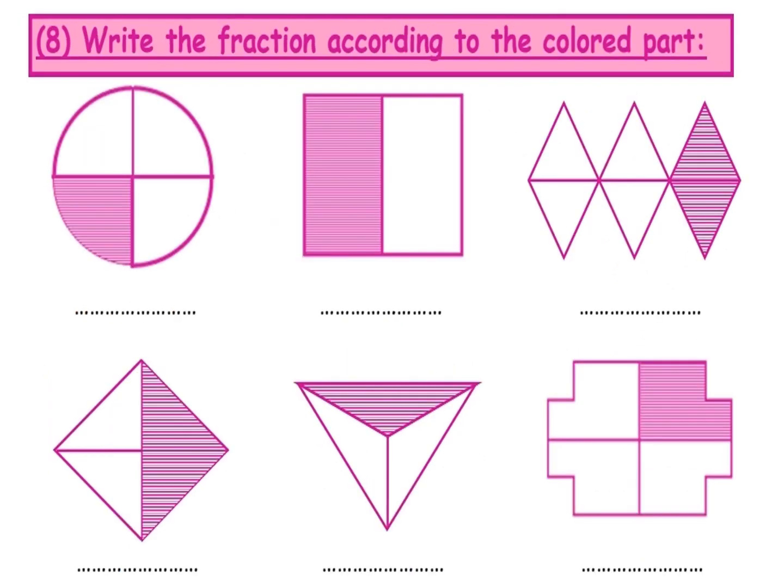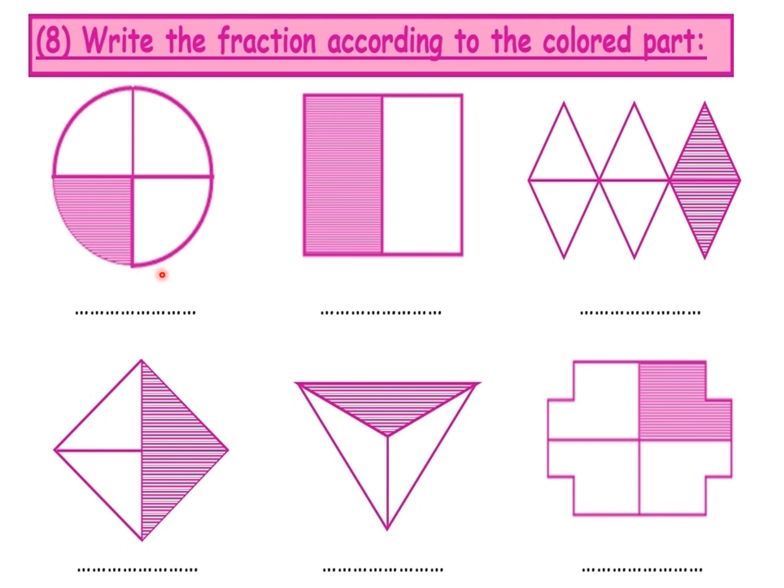Write the fraction according to the colored board. Look here, I have a circle that's divided into 1, 2, 3, 4 parts, and there is one part of them that's colored. So I want to write the fraction according to the colored part.